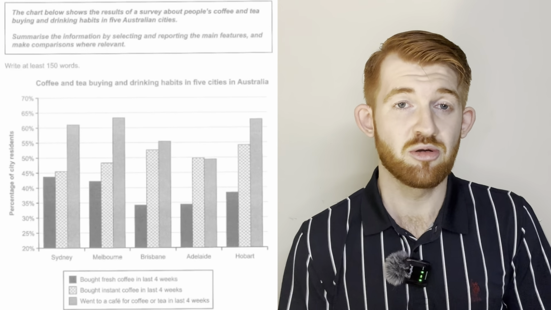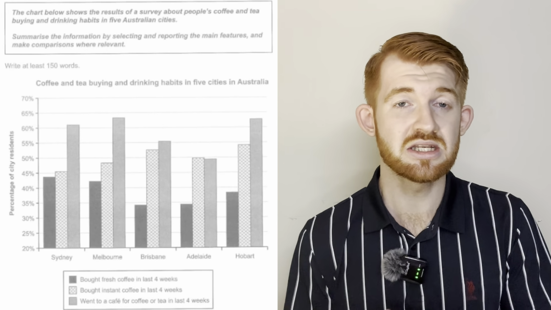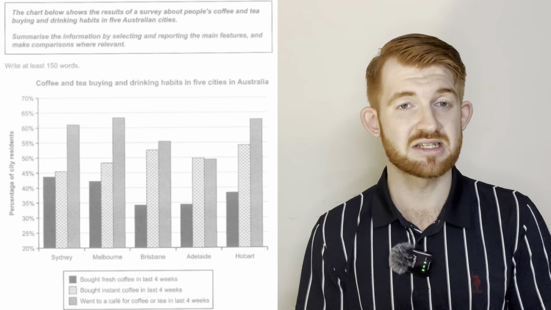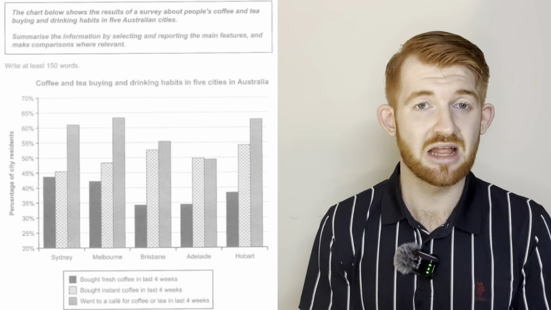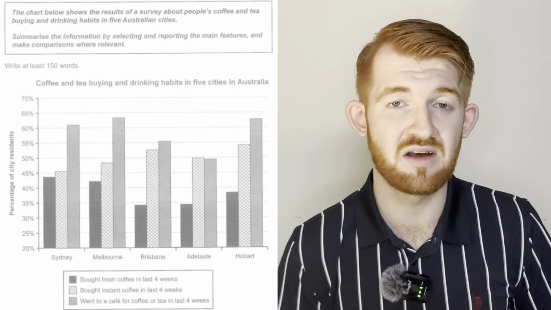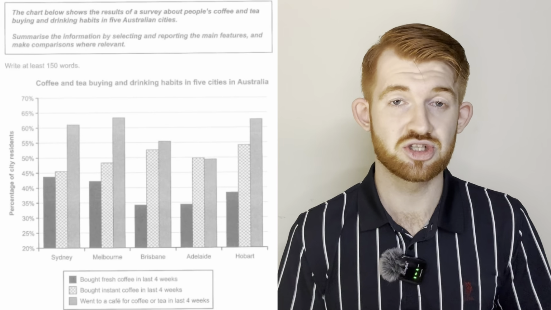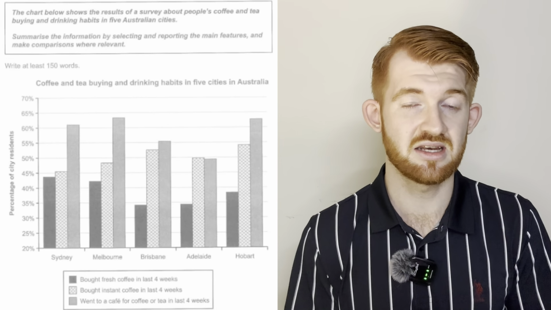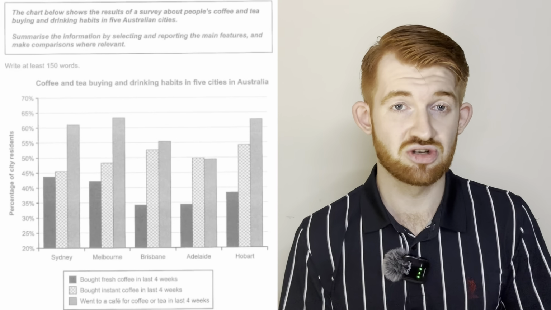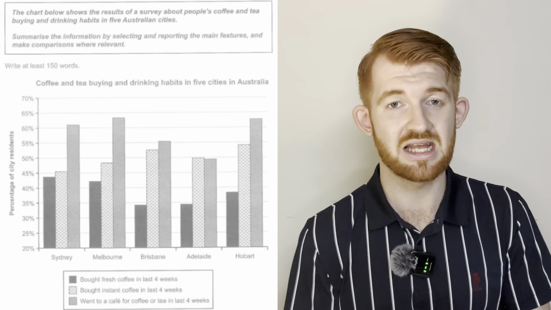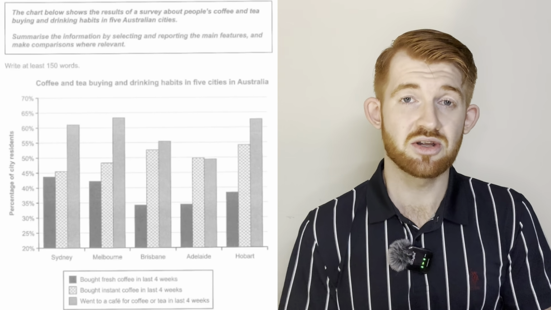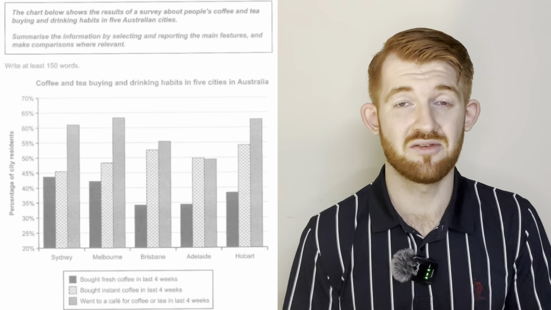This is a triple bar graph, and I wanted to use this bar graph because it's a bit more challenging than some of the other bar graphs that you might get. Now, the reason that this is a bit more challenging, we will see in just a second, but to start, it is a triple bar graph, which is slightly less common. It also packs in a lot of data.